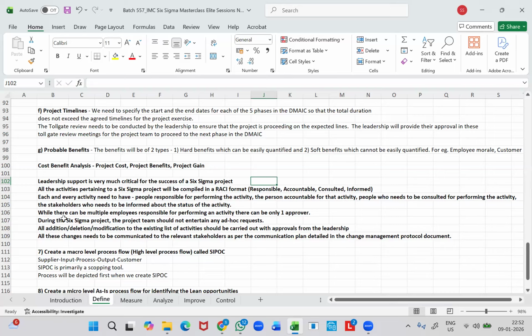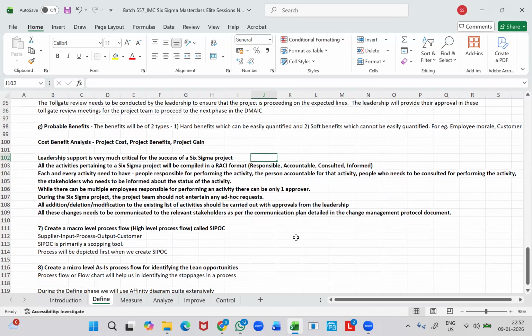And all the activities pertaining to a Six Sigma project exercise will be compiled in a format called RACI format. So whatever activity or whatever the list of activities that we would execute as part of the Six Sigma project, so the entire list needs to be compiled in the format called RACI format.